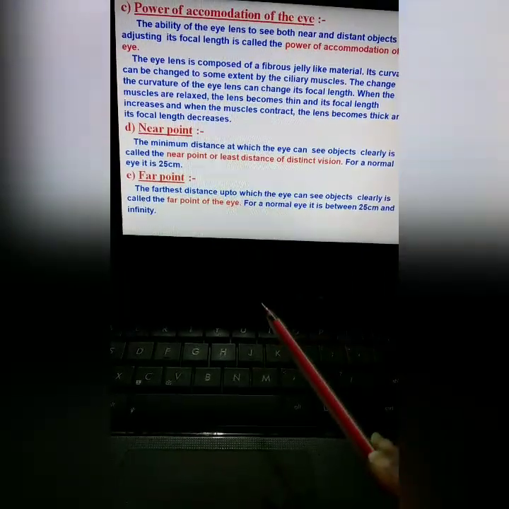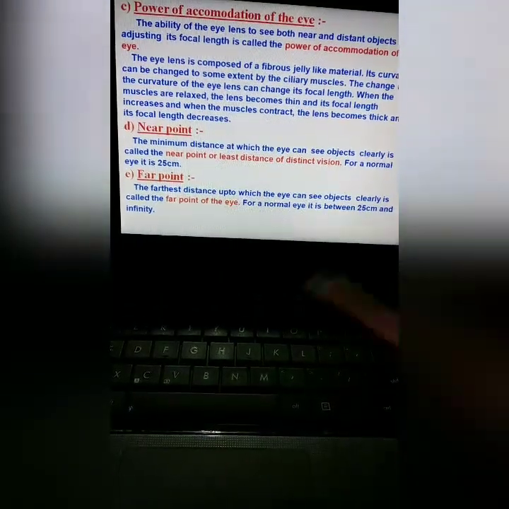That means at less than 25 centimeter we are not able to see the object clearly or distinctly. If we try to see, then we are forcing the ciliary muscles to focus, which is also harmful, but it is not possible at all.